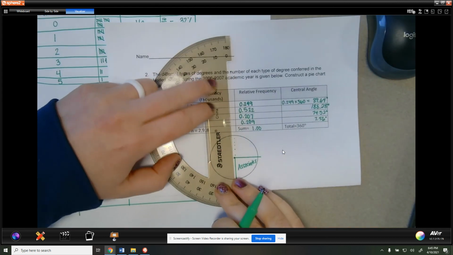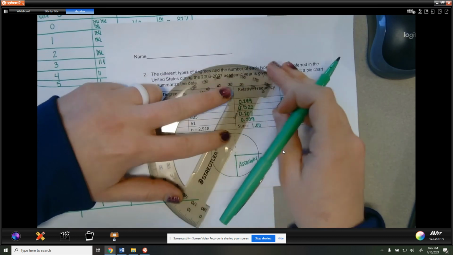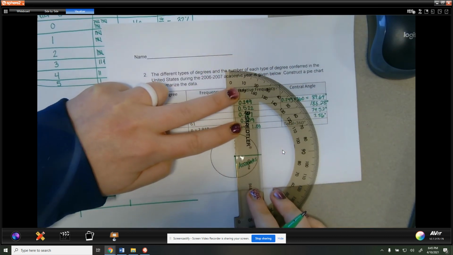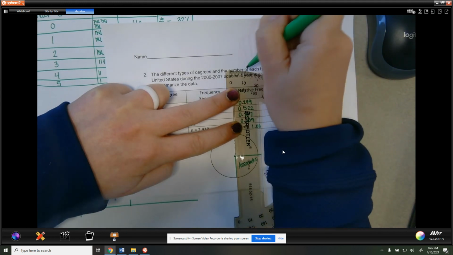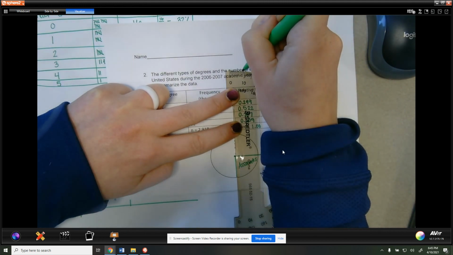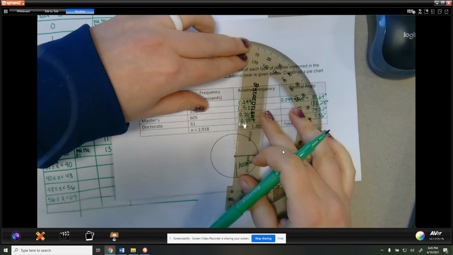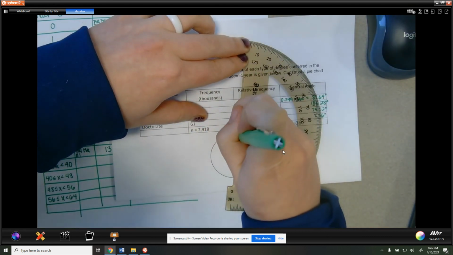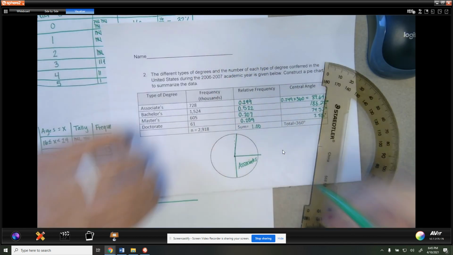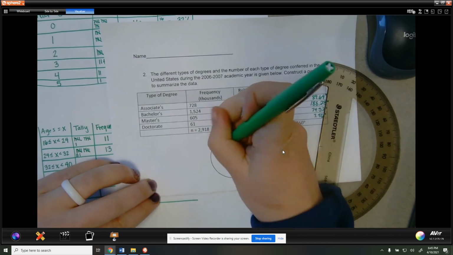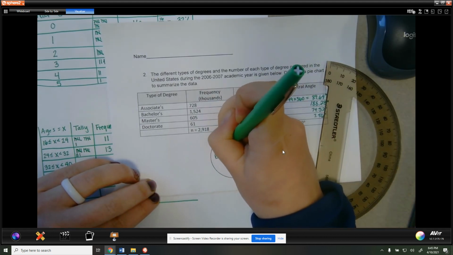And then I need to go 8 more degrees from there, right there. So this whole section right here is the bachelor's. All right, then the master's is only 74.